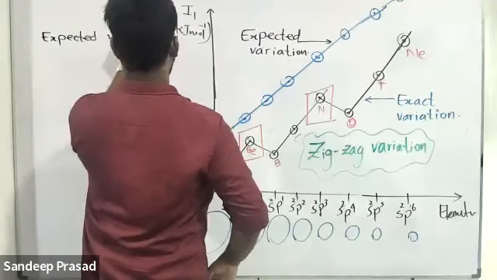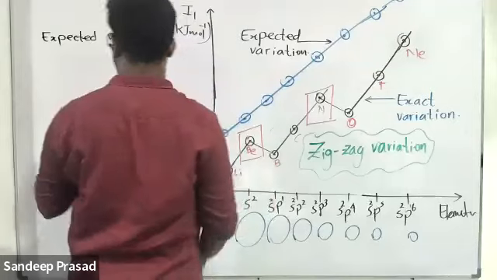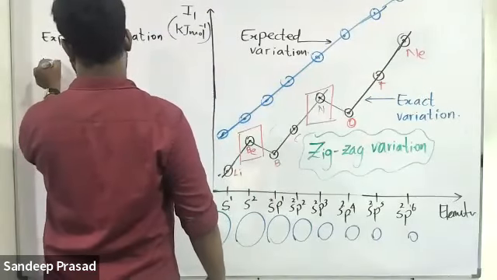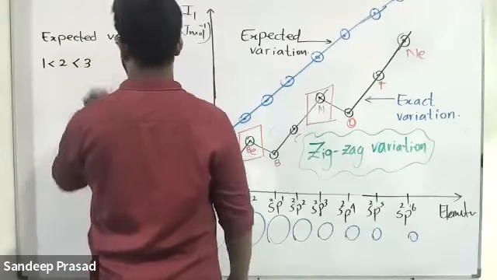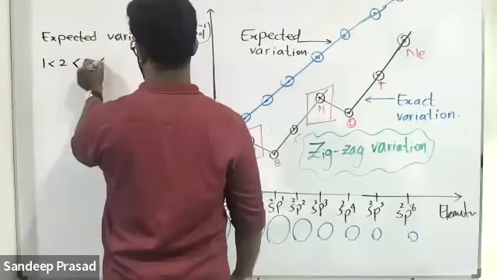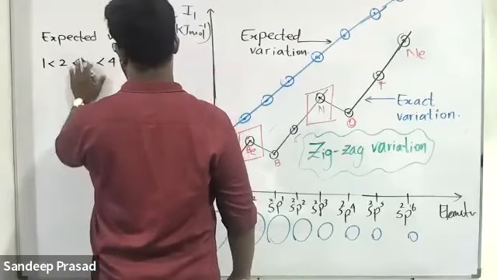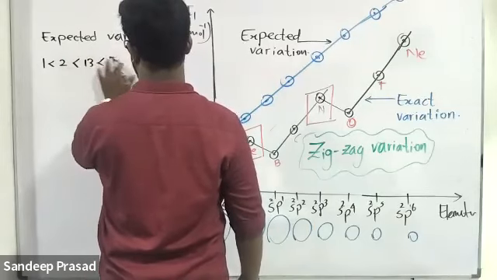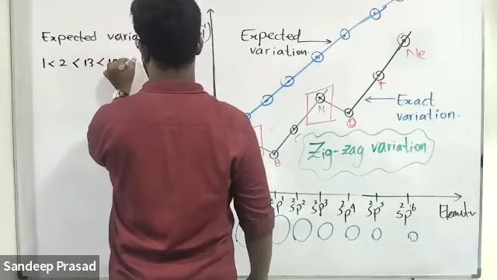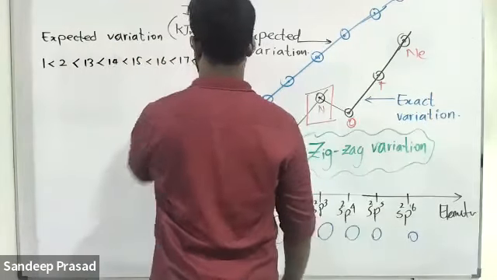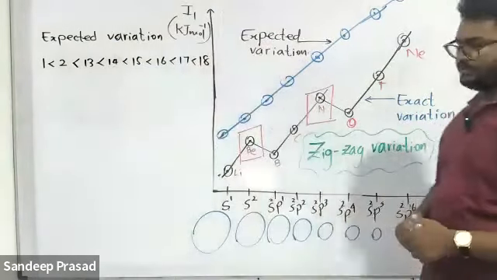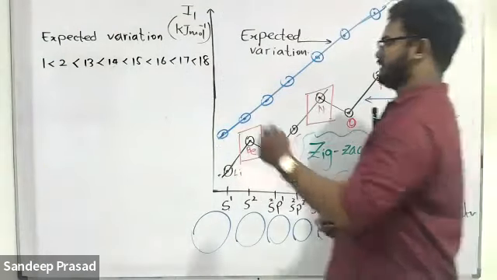Expected variation is, we expected that second group element have the highest first ionization energy than the first one, then group number 13, 14, 15, 16, 17, 18. This is the way that we expected, uniform increment, right?